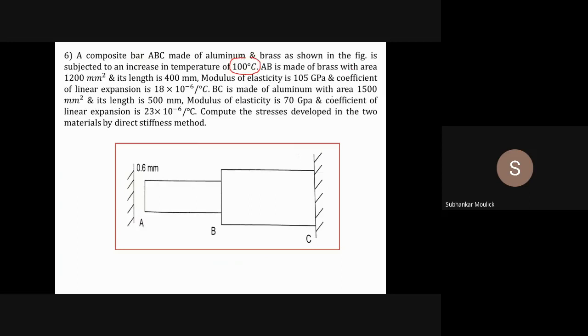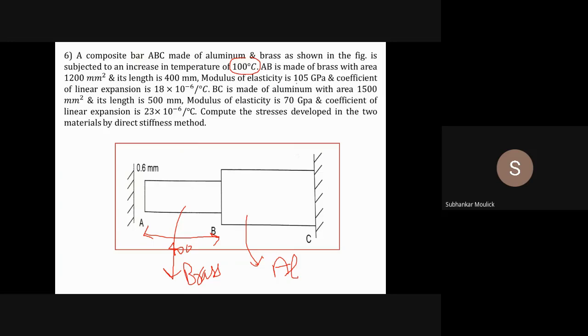AB is made up of brass, and BC is made up of aluminium. AB is made up of brass with area 1200 millimeter square, and the length of AB is 400 meter.